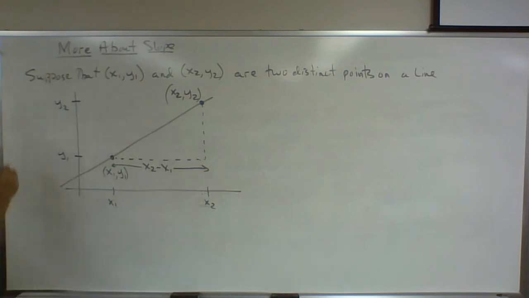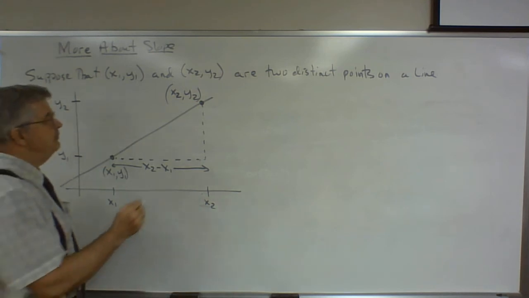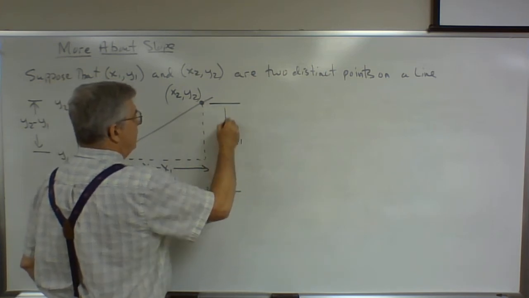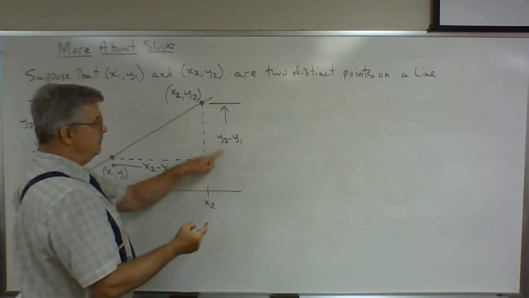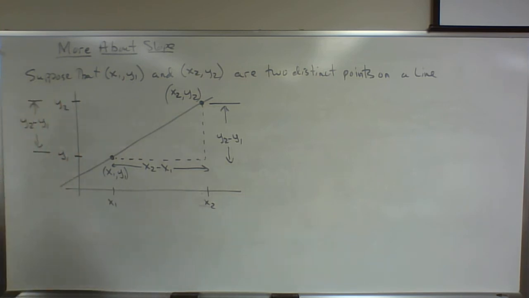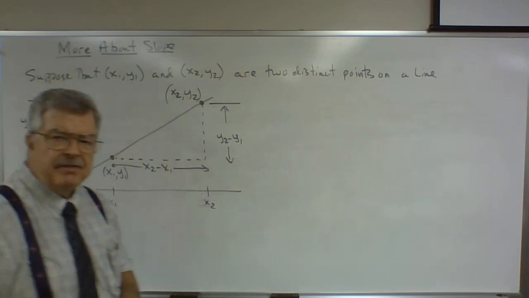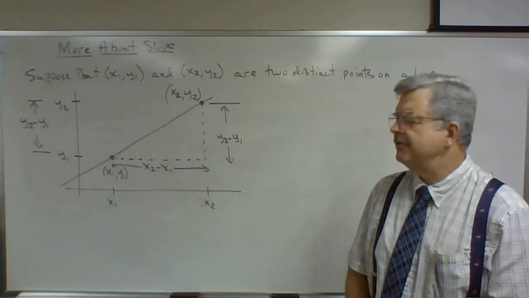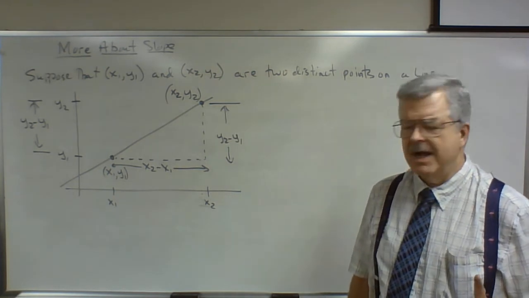And this distance is just the difference of the y-coordinates, y2 minus y1, the larger y-coordinate minus the smaller. So this distance from here to here is y2 minus y1. Now you're probably thinking that I'm going to apply this to the distance formula, the distance between 2 points in the plane. But here I'm not.